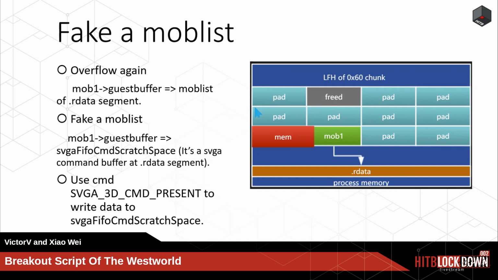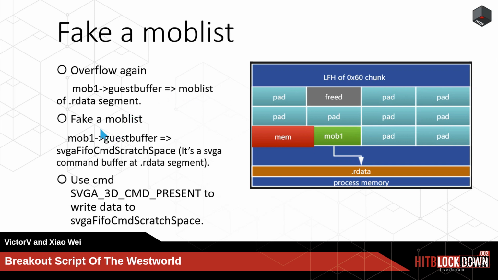Then, after leaking process-related addresses, we overflow again. We change mob's pointer. Let it point to mob list. Mob list stores the address of mob structures. It's in our data segment.